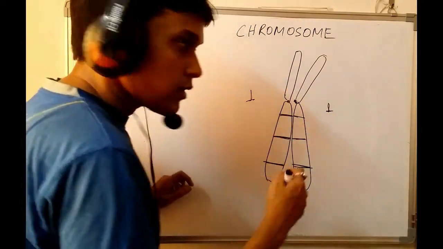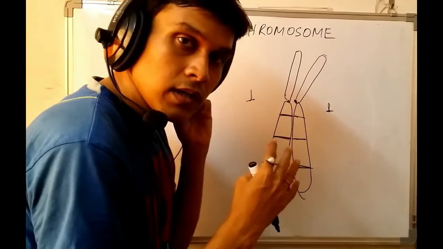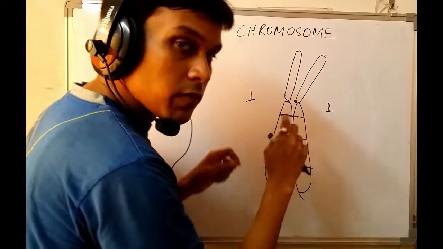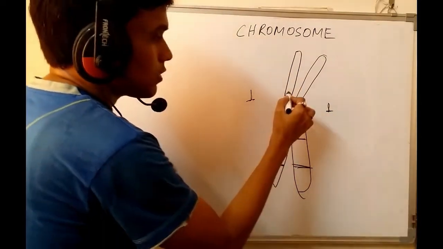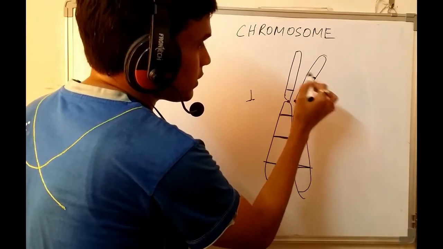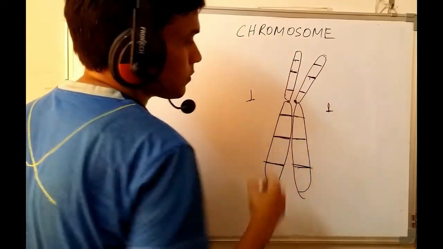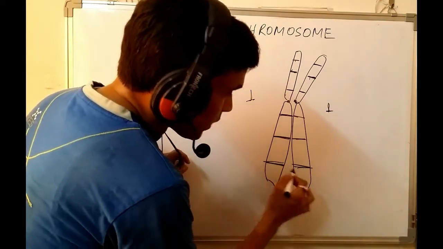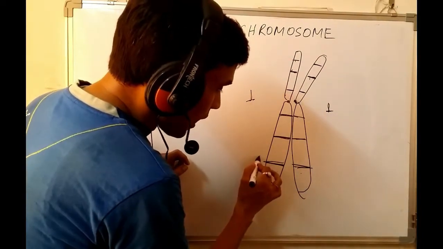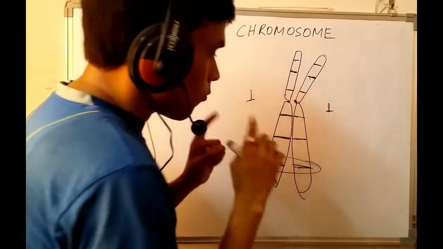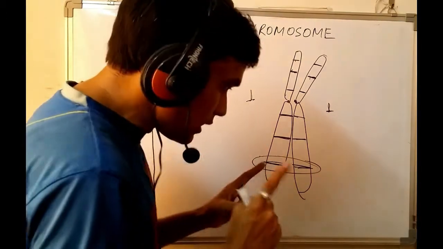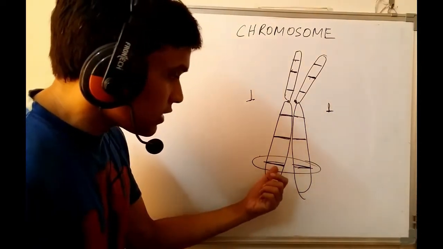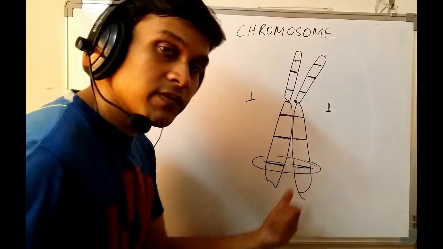Homologous chromosomes means they are the same copy of a chromosome, chromosome number 1, but maybe their forms are different. I am coming to that part. So one human body contains two forms of a gene. One form is present in this chromosome, another form or variation is present in this chromosome.